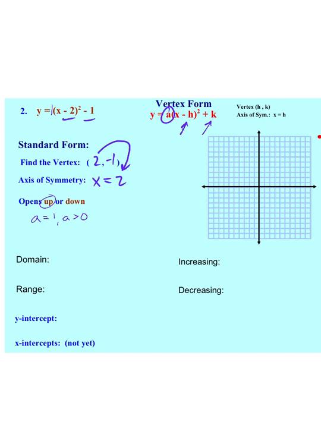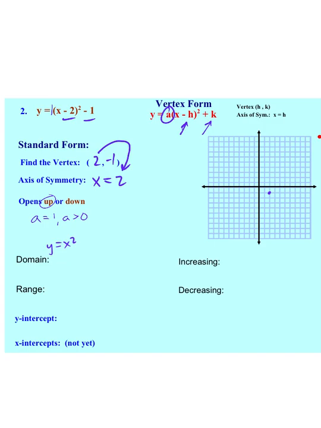And now the domain and range. Well, this is a form of the y equals x squared graph. So we're looking at that similar domain here of going from -infinity to infinity. But let's go ahead and graph it just to be able to provide the picture along with this. So the vertex is at 2, -1 right here.